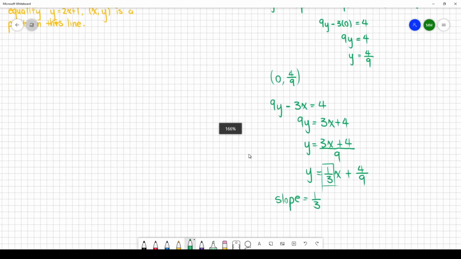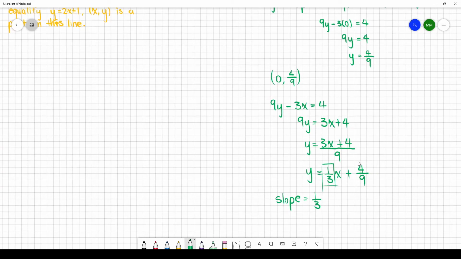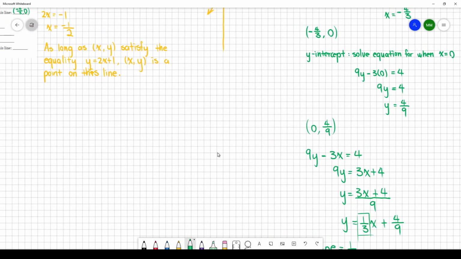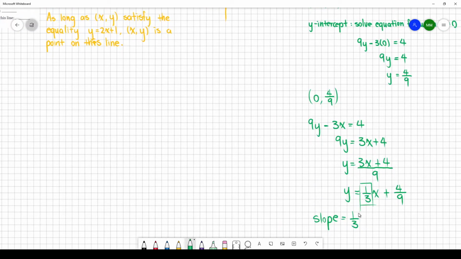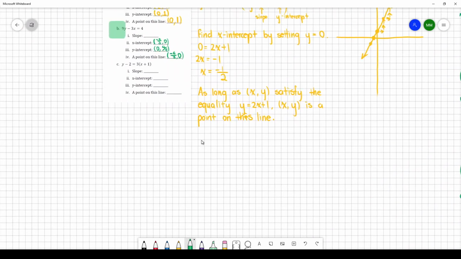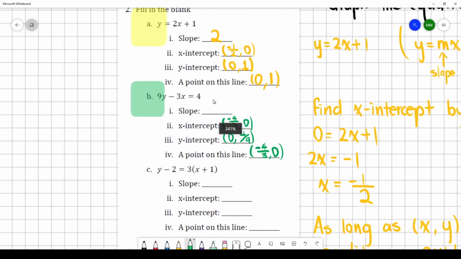And you can also see the plus b is 4/9, and that matches your y-intercept, 4/9, 4/9, they're the same. And it should be the same because it's the same equation. So from y-intercept form, what we really care about is the slope, and the slope is 1/3. So the answer to the first blank here is 1/3. Slope is not a point, it is just a value, so you don't have to put it in coordinate form.